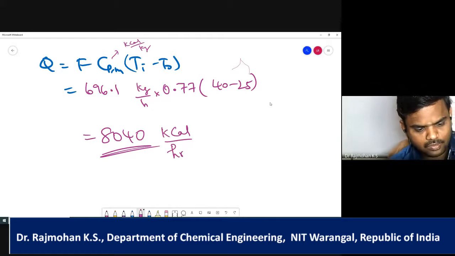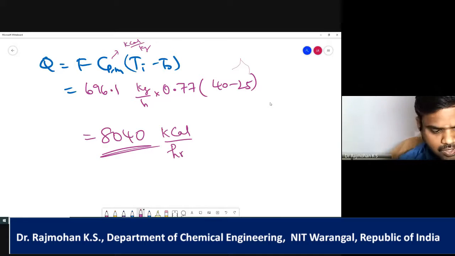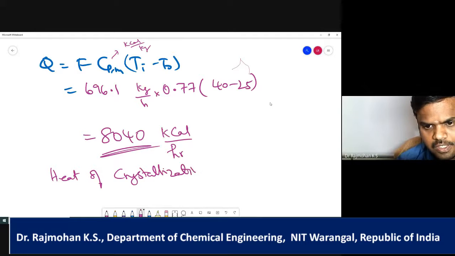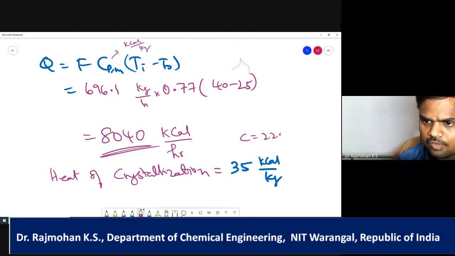Okay, so now we have these two values. We can find the heat of crystallization. Heat of crystallization is given as 35 kilocalorie per kg, right? 35 kilocalorie per kg. But how much is the C value? It is equal to 225.